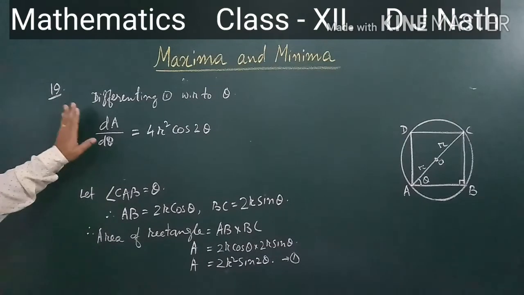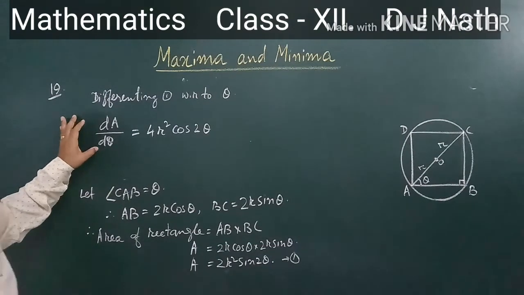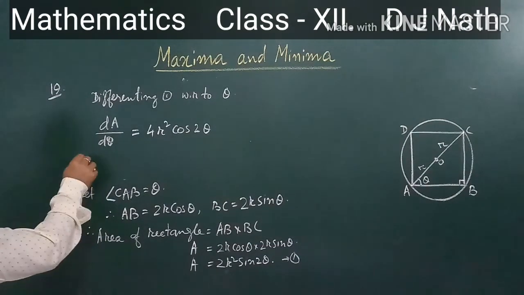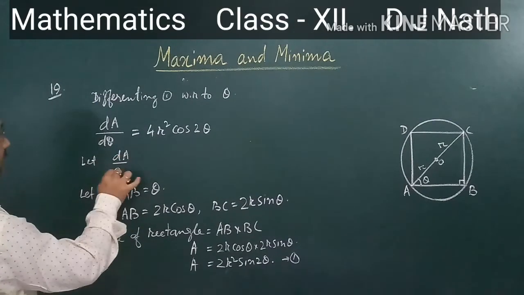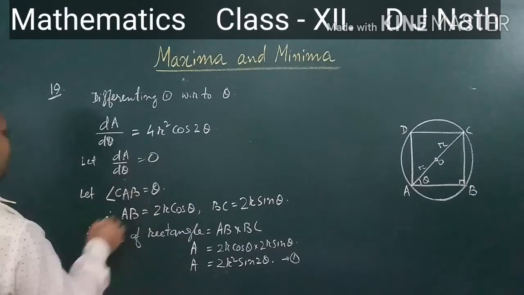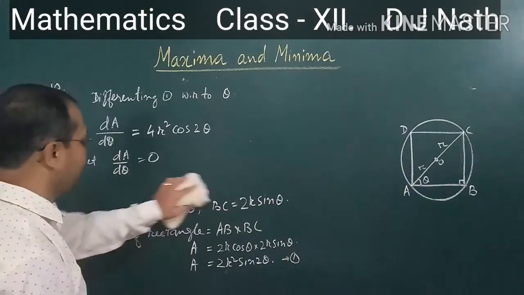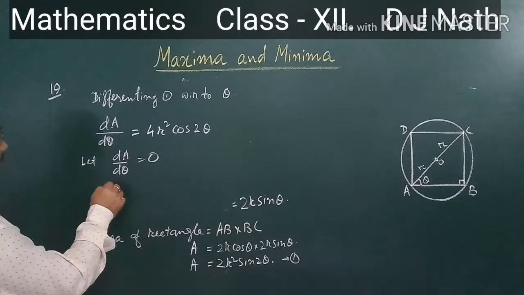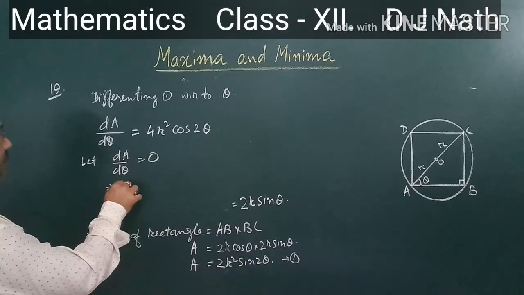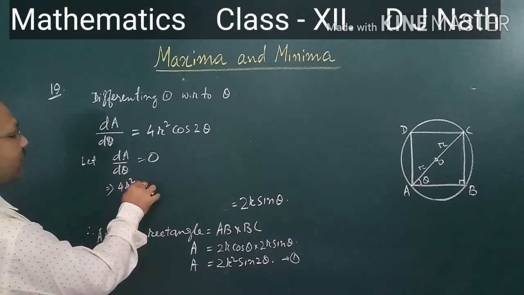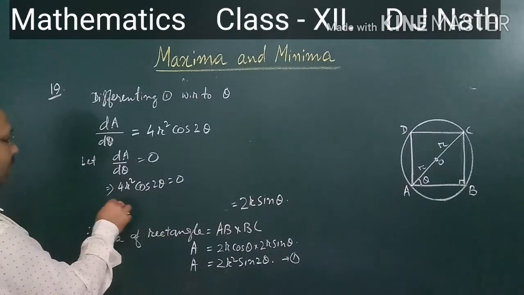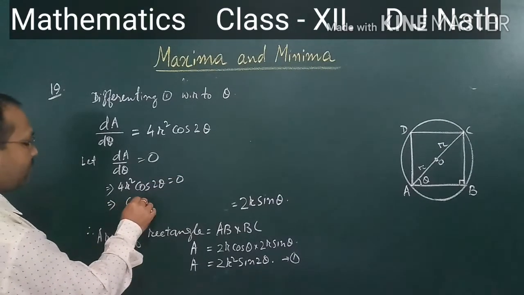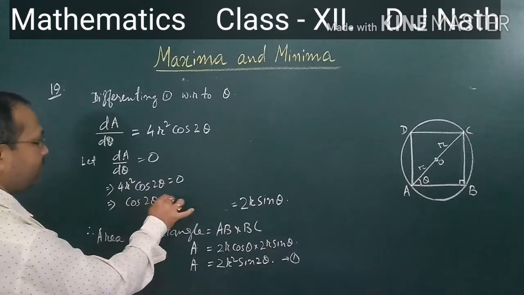Now we will compare this with 0. First derivative we have done. Let dA by d theta be equal to 0, which implies 4r square cos 2 theta is equal to 0, which implies cos 2 theta is equal to 0.